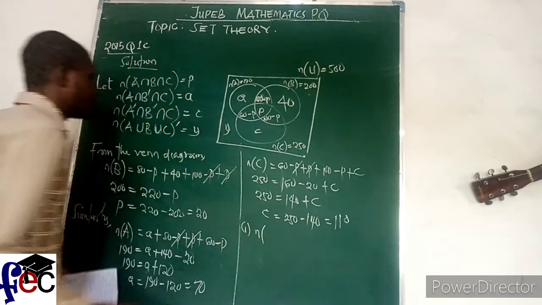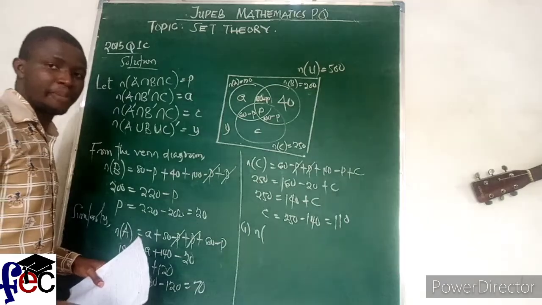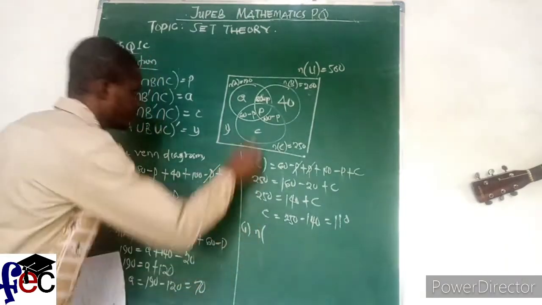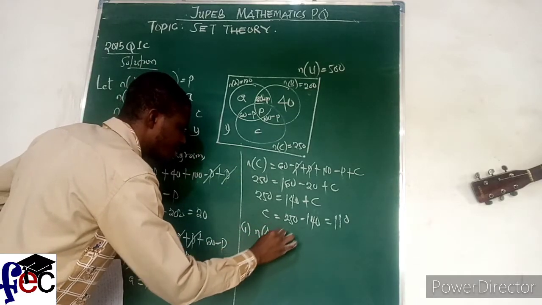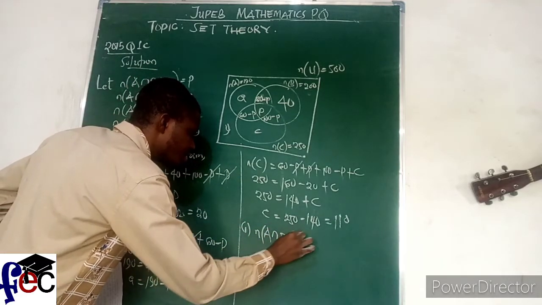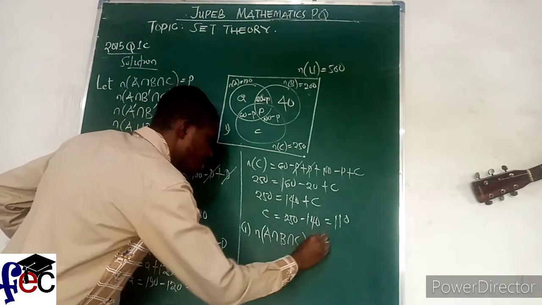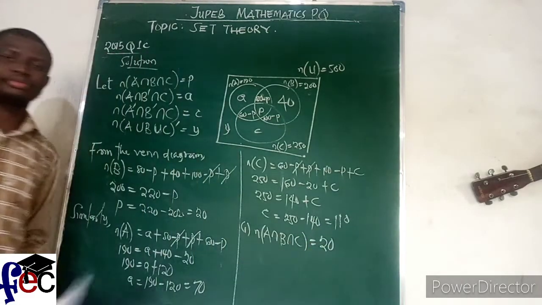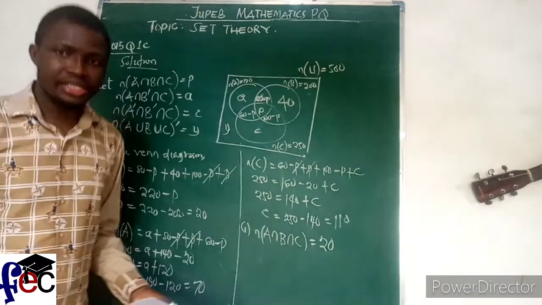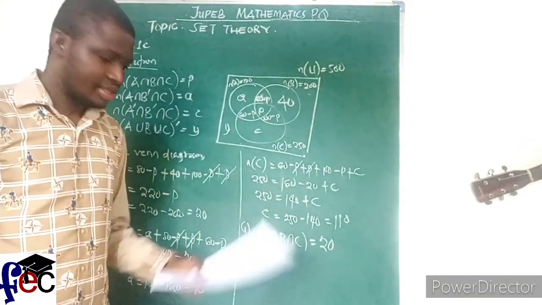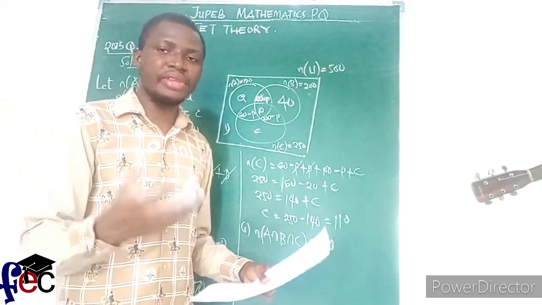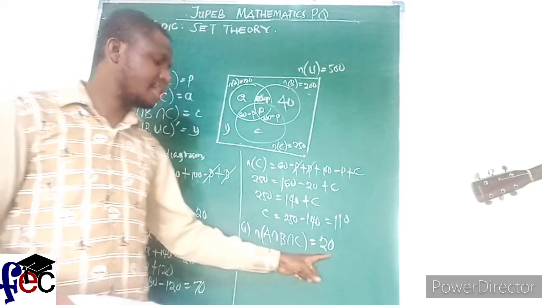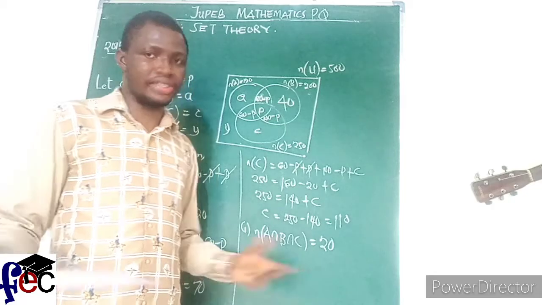Cardinality of those that voted for the three parties, which is P. Cardinality of A intersection B intersection C is 20. That's all. You've answered it. And you can put it in words that the number of voters who voted for all the three parties is 20.